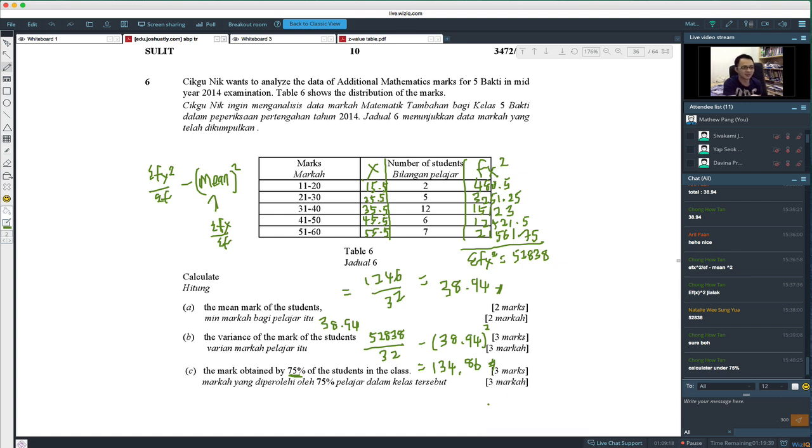So yeah, you have the formula, and yeah, I hope I still remember the formula. Okay, the formula will be lower boundary plus the Q3, because it's the third quarter, because 75% will be the third quarter.